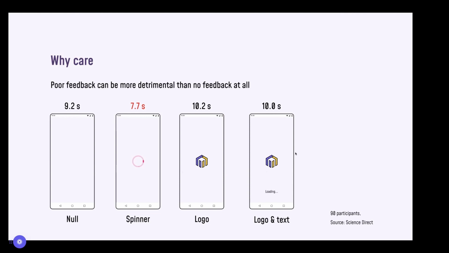And they said, and it might be really obvious, that the last one, the logo with the description, would be the best experience, and the worst would be the empty screen. When they tested, they kept these screens for 15 seconds, and actually it came out that the worst was the spinner, which leads to the conclusion that poor feedback can be more detrimental than no feedback at all. Somehow, it's the way we are talking with our users, so we need to be careful.